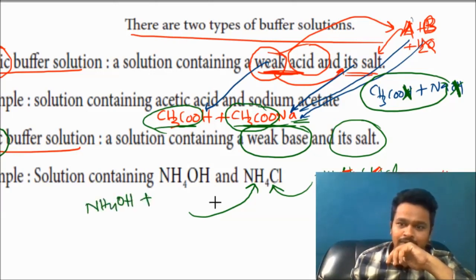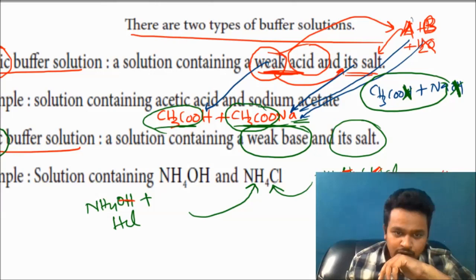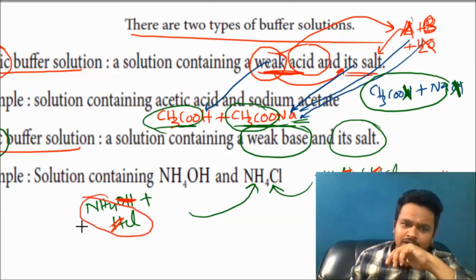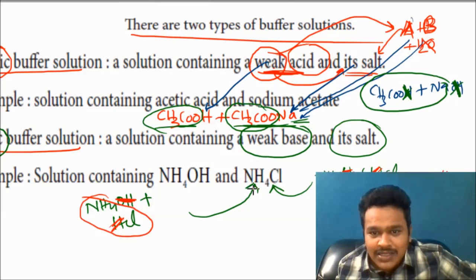NH4OH plus HCl: NH4OH is a base and loses OH, HCl is an acid and loses H plus. What remains is NH4Cl.